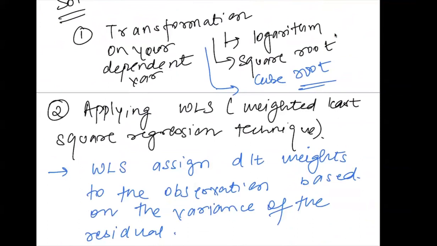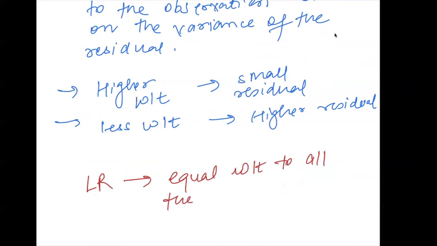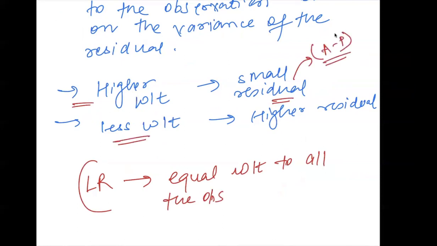A linear regression model assigns equal weight to all the observations, but in weighted least square regression, you assign different weights. Higher weight you assign to smaller residuals, where residuals are nothing but the difference between actual and predicted value, and you apply lesser weight to your higher residuals.